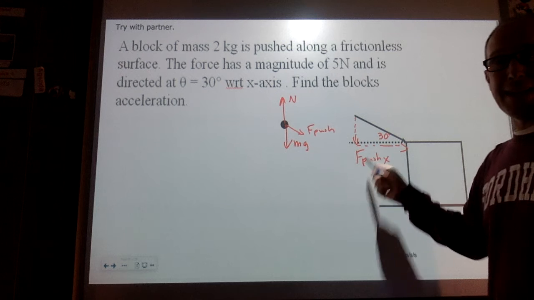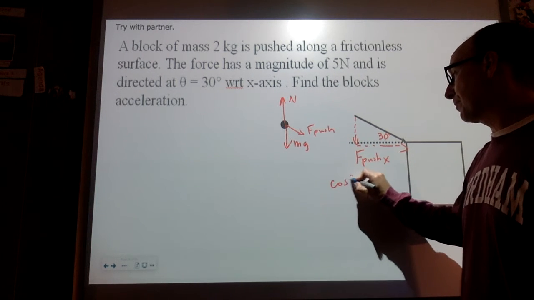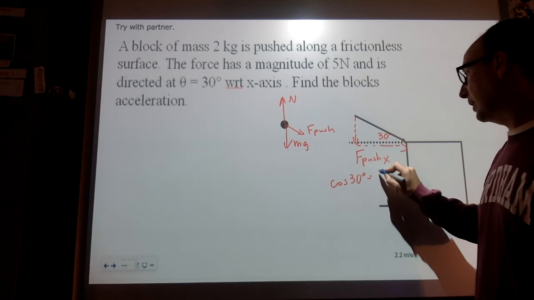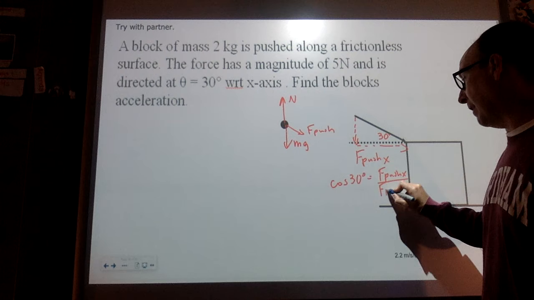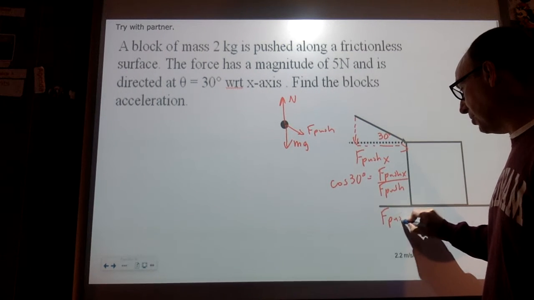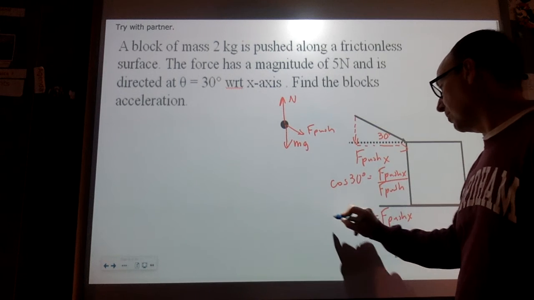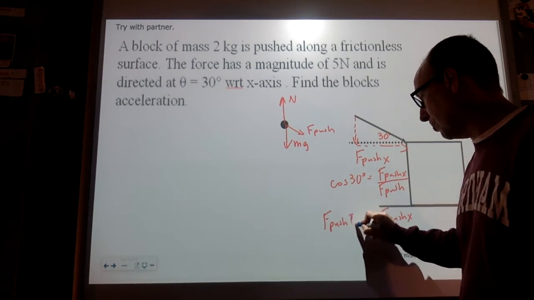This is the adjacent side, so I'm going to use cosine. So cosine of 30 is going to be equal to F push X over F push. So F push X is going to be equal to F push cosine 30.